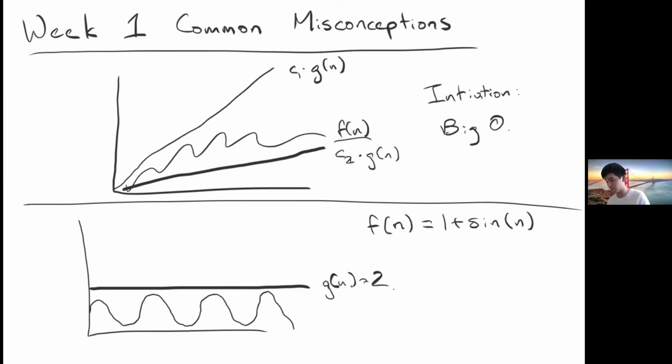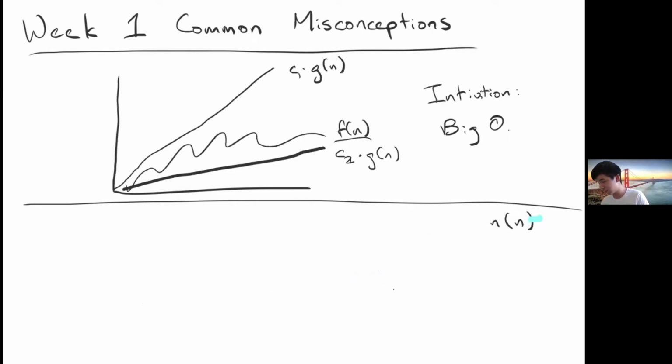To give a more concrete example for anyone who wants to check it later, consider f of n to be 2n plus n sine of n. Maybe you can see already that this is going to be bounded above by 3n, because the sine n term is always less than or equal to 1.